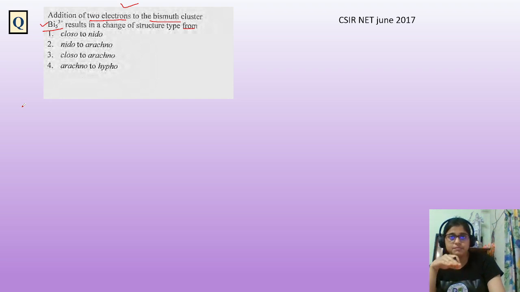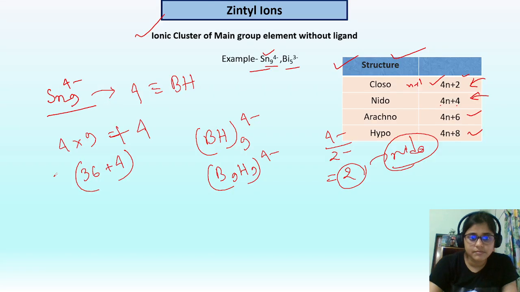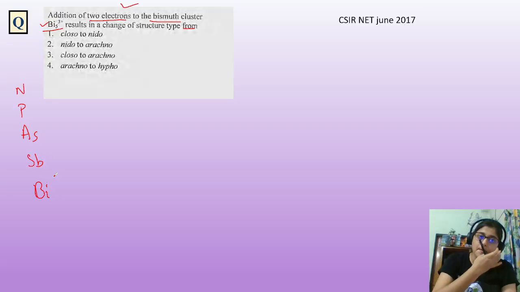Arsenic, antimony, bismuth, right? Nitrogen group. Nitrogen, phosphorus, arsenic, antimony, and bismuth. Yes. Okay, fine. So this is in group 5.